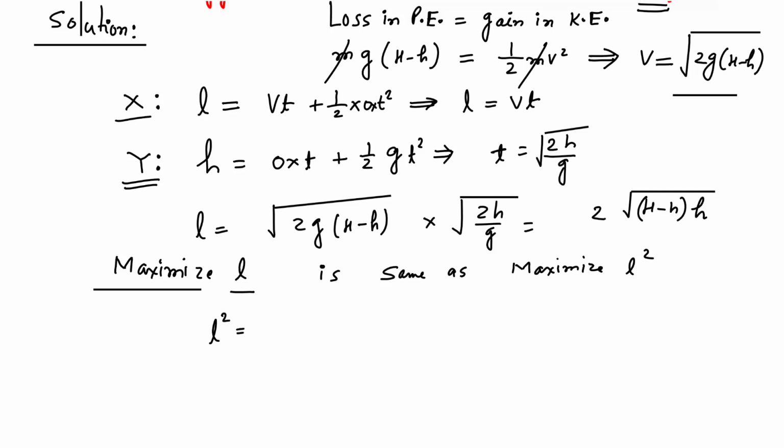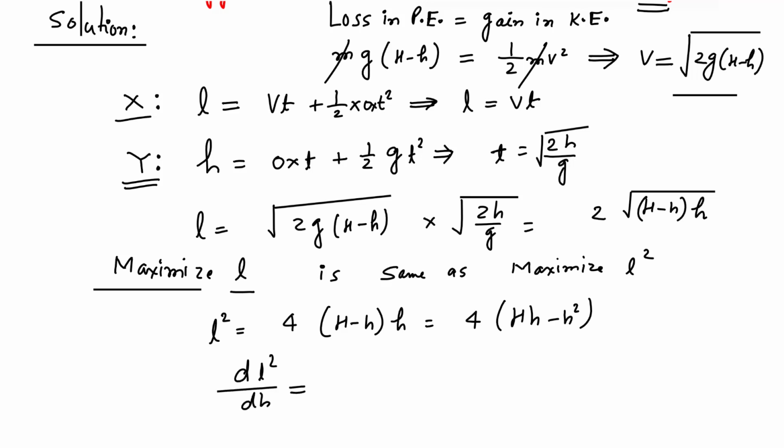So L square will be 4 times H minus h into h, that is 4 times H h minus h square. If you differentiate this, that is d L square by d h, and put it equal to 0, this will be 4 times H minus 2h is equal to 0. So from here you can say h is equal to H by 2.